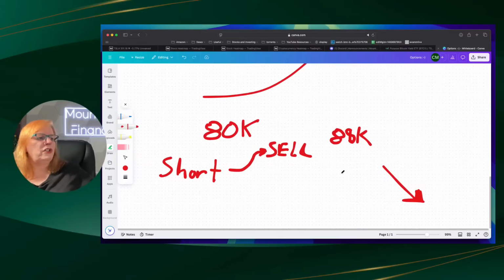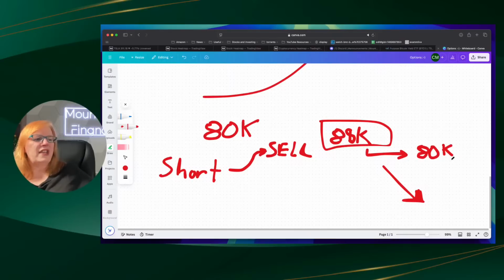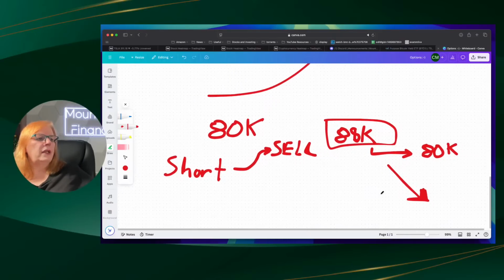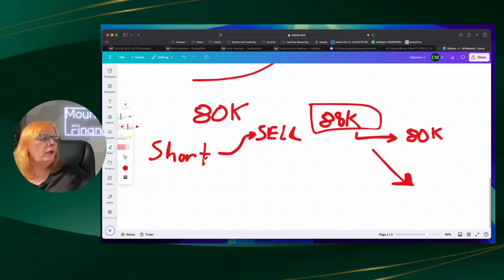They're going to set it pretty high. They'll basically say, if it goes to 88K, we will sell at 80K, because that's where they're at right now. They're thinking it's going down, so they're hoping that actually happens.